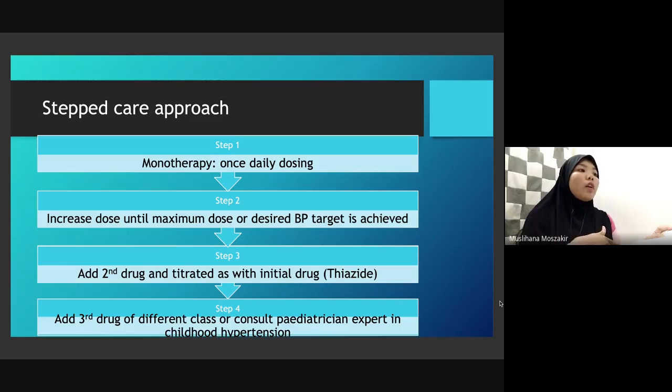And at the last step, if still not improved, then add a third drug of a different class, in consultation with a pediatrician expert in childhood hypertension. So basically, if we have tried these steps but still not improved, we should refer to the experts.